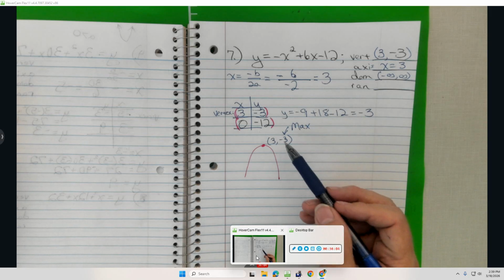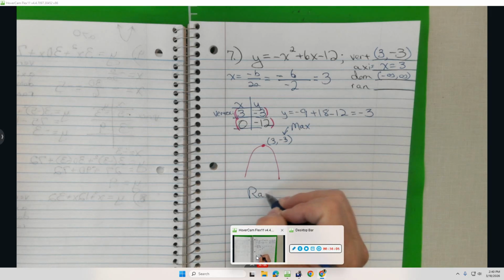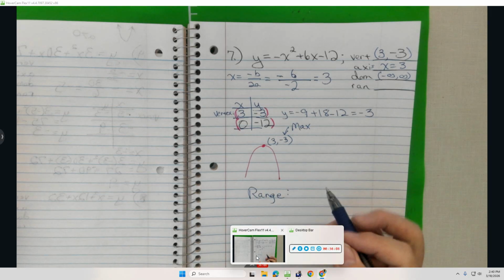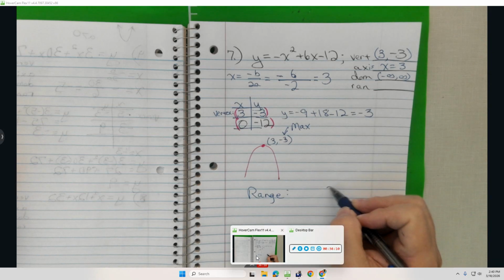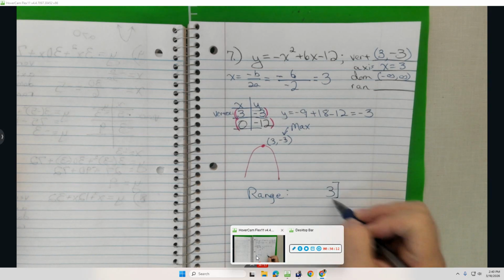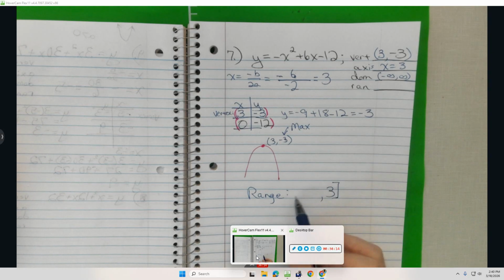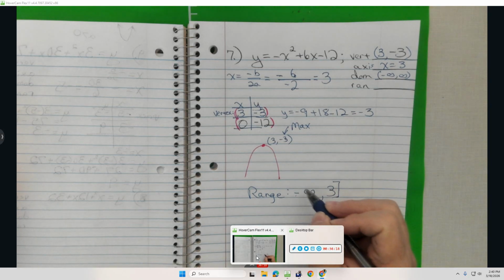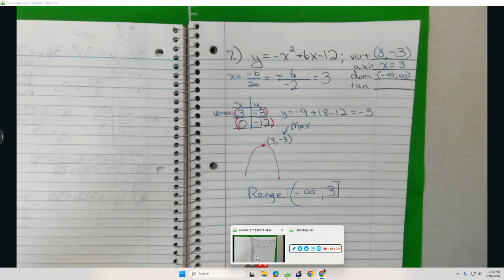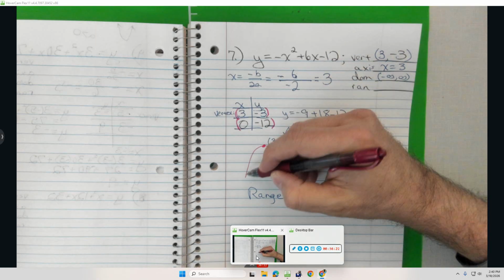Interval notation goes small to big, so the 3 has to be to the right. Since that's the biggest thing, what do you put in front of it? Negative infinity.